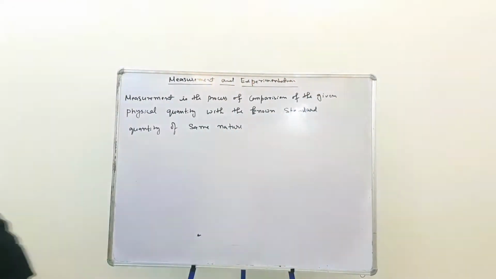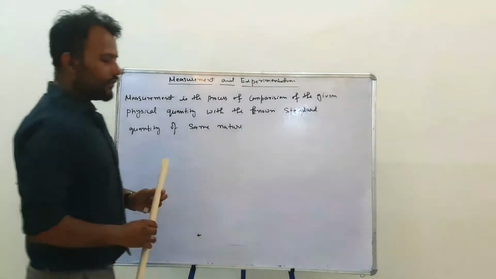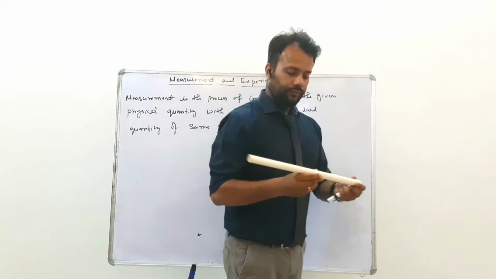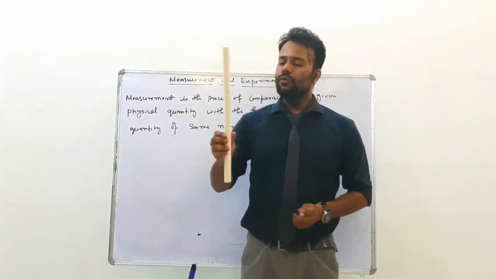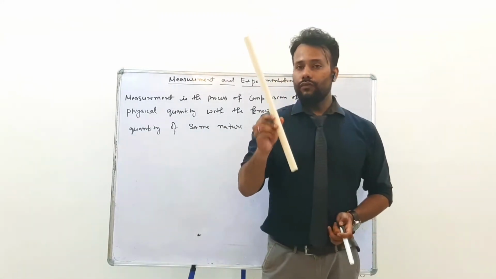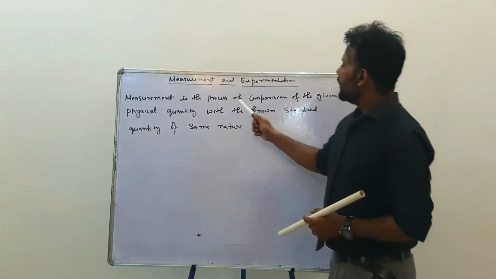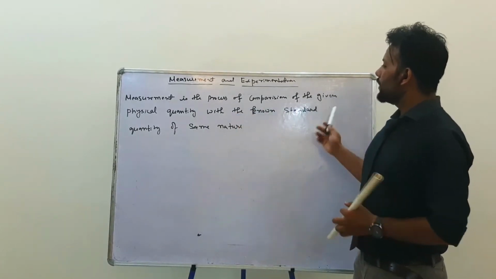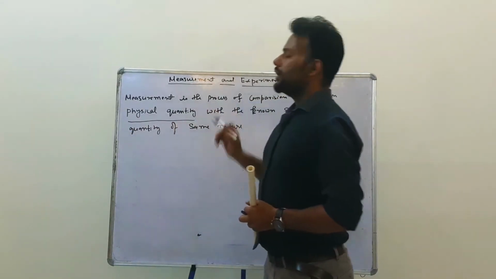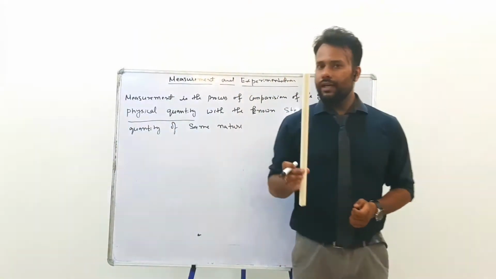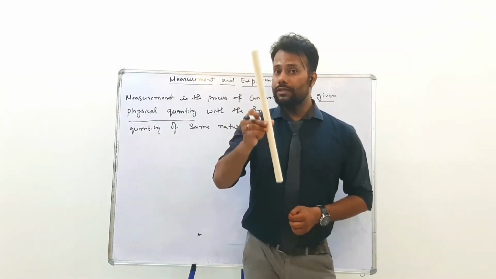Suppose I have this pipe. Now I don't know what is the length of this pipe, and we need to find out the length of this pipe. In the definition we have written that it is a process of comparison of the given physical quantity. In the present case, I have to find out the length of this pipe.